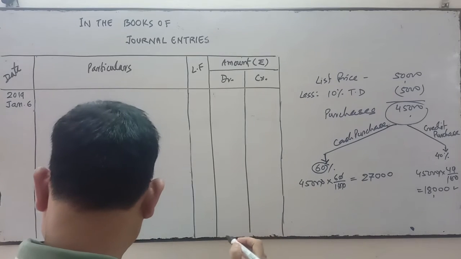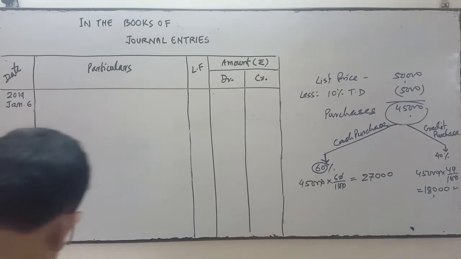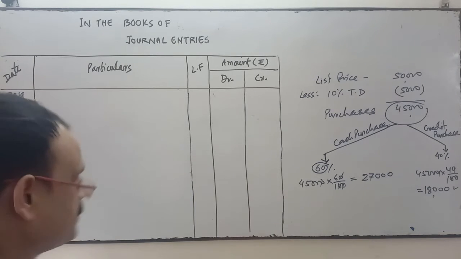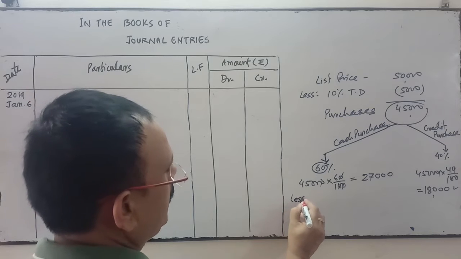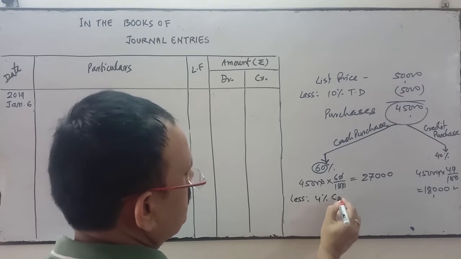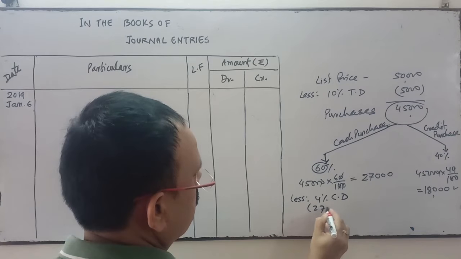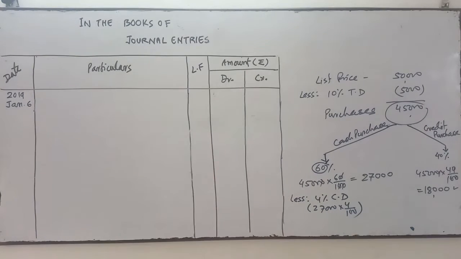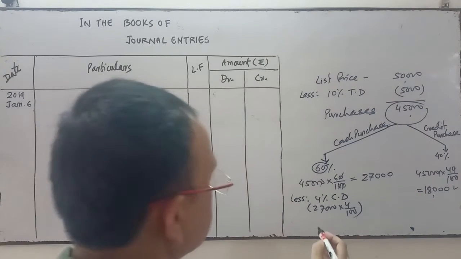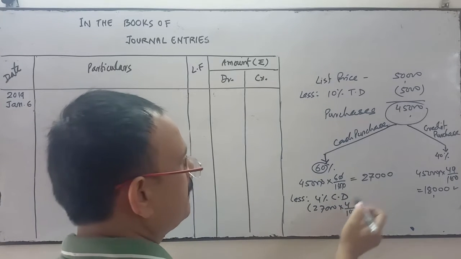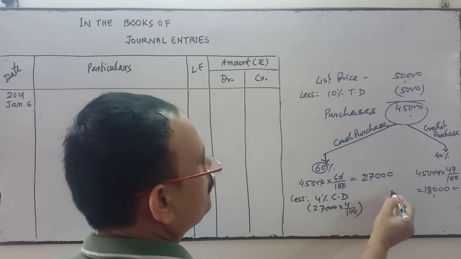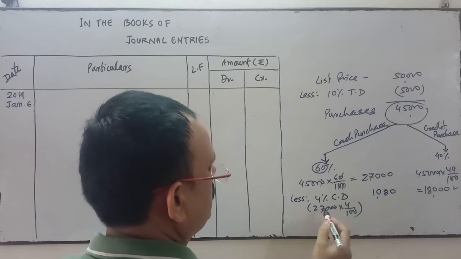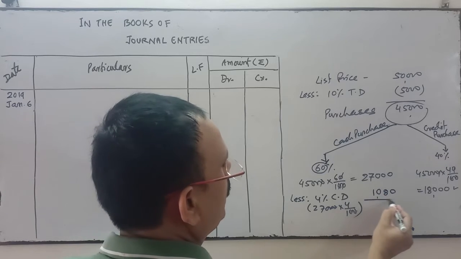When you do the cash purchase, as per the terms and conditions, here it is written that 4% is the cash discount. You will get the cash discount at the rate of 4%. So 4% cash discount, 4% of 27,000, is 1,080.